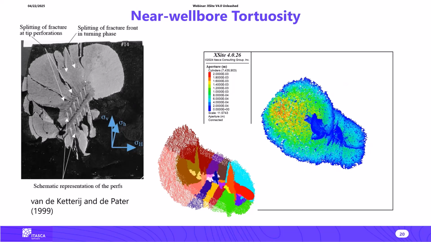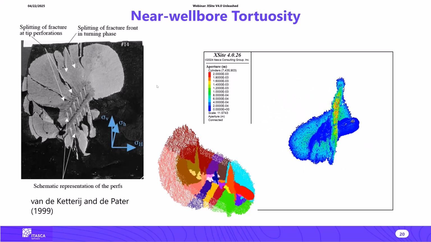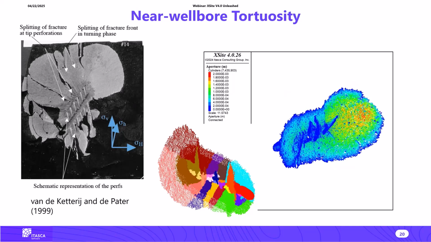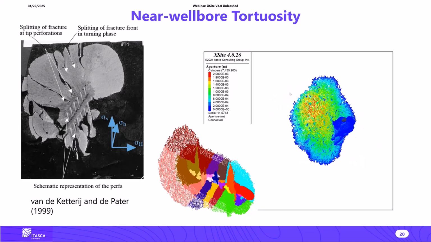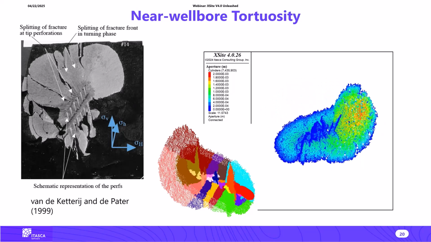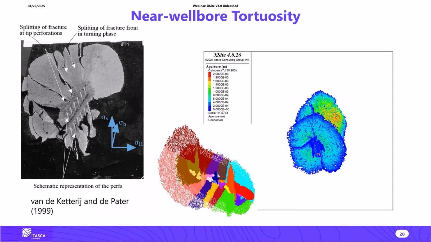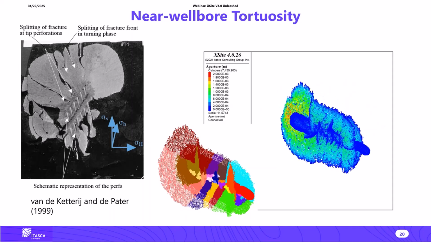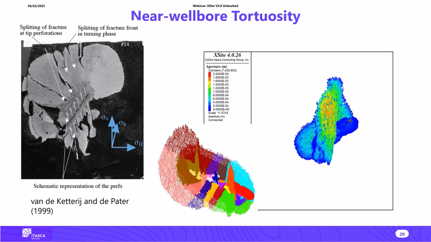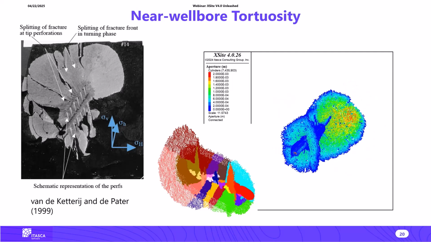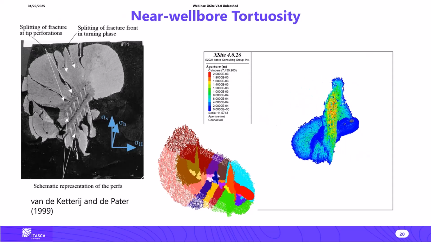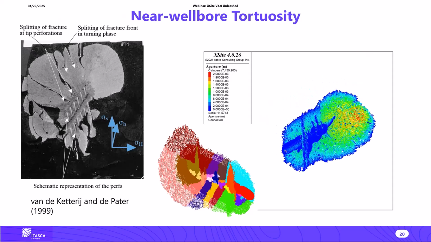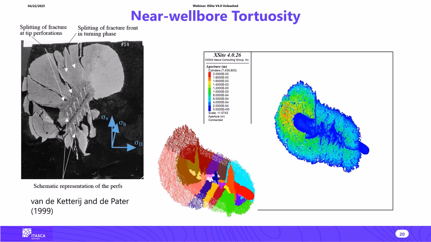And there is a remarkable similarity between the model results and this lab experiment. The model does show the level of complexity and the tortuosity in the fracture geometry in the near wellbore environment.